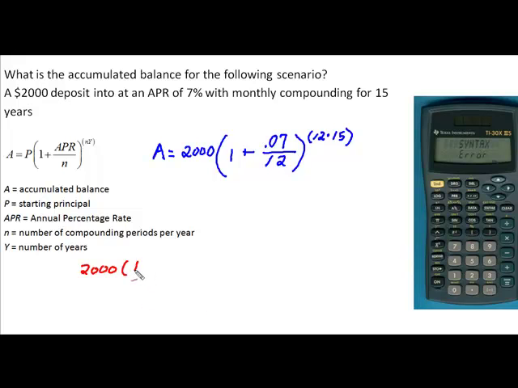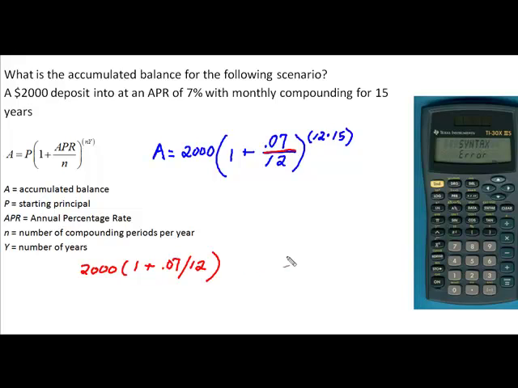Then you're going to type in your 1 plus 0.07 divided by, remember, the fraction bar really is a division symbol, so that's the way we're going to enter it into our calculator, divided by 12. Then we are going to close the parentheses. That's right here above the 9.